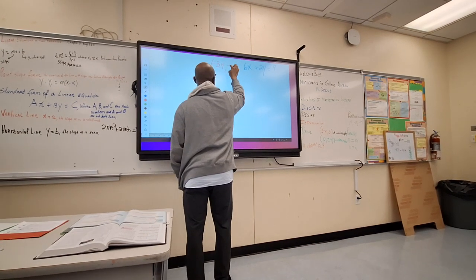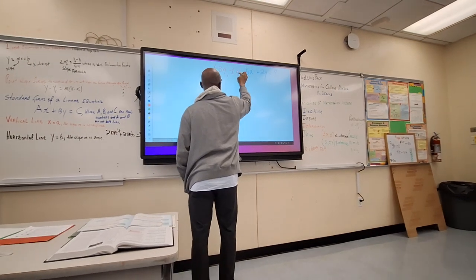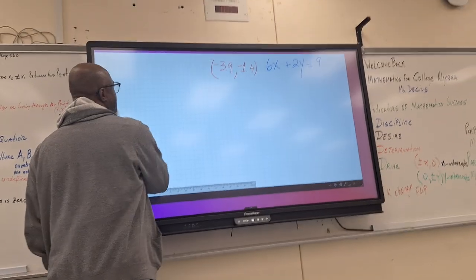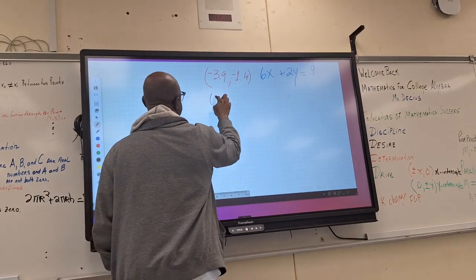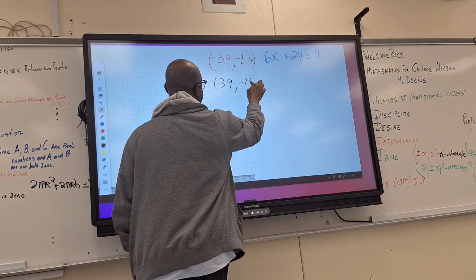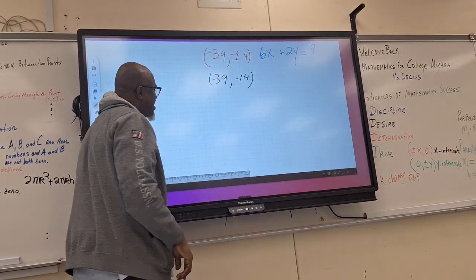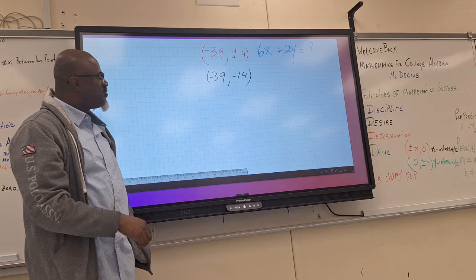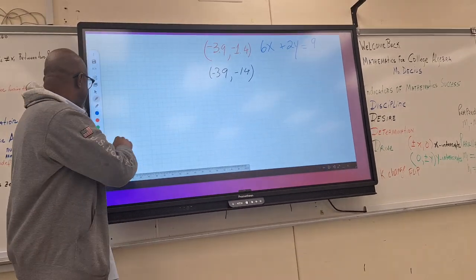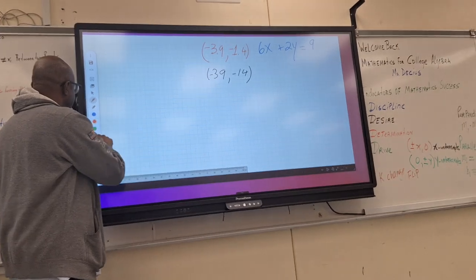You could change that to negative 39 and negative 14 by multiplying by 10, but it doesn't need to. I will do it as is.